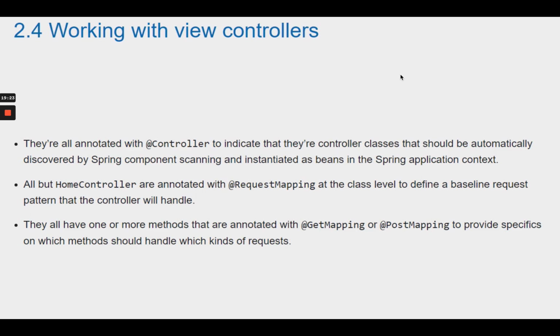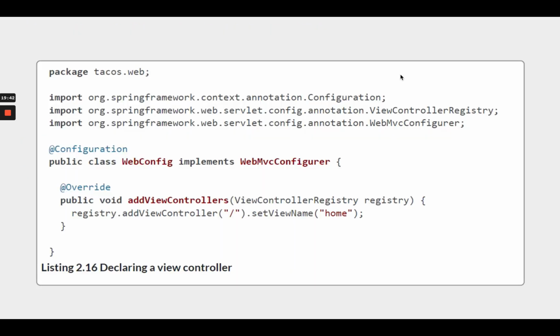All but HomeController are annotated with @RequestMapping at the class level to define a baseline request pattern that the controller will handle. They all have one or more methods that are annotated with @GetMapping or @PostMapping to provide specifics on which methods should handle which kinds of requests.